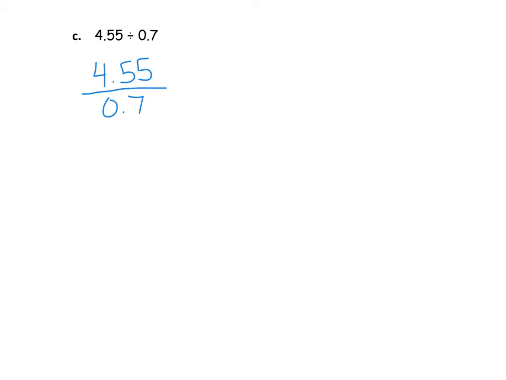Well, this is the first problem where we've had one number ending in the hundredths and the other ending in the tenths. We pay attention to the divisor, the 7 tenths. So I'm going to multiply the numerator and the denominator by 10, because the 7 is in the tenths place.